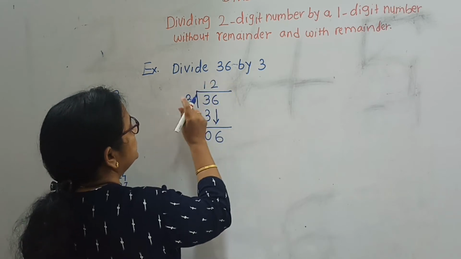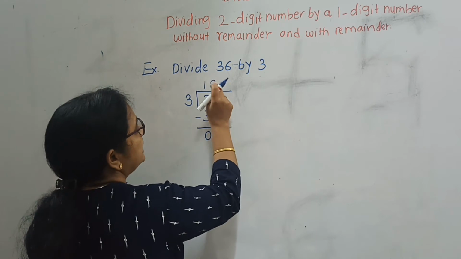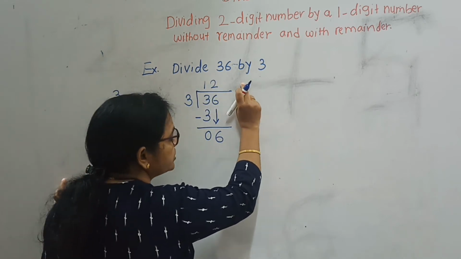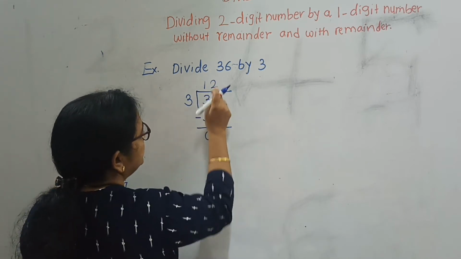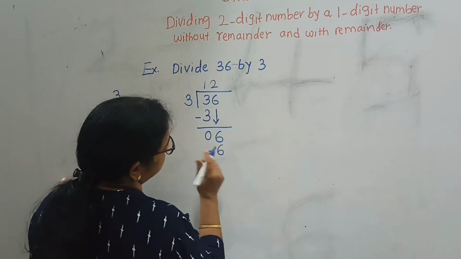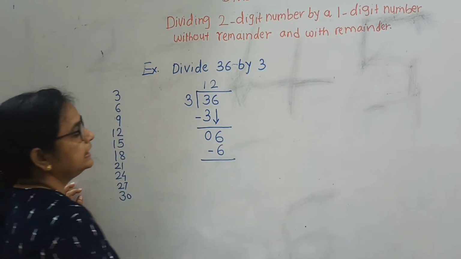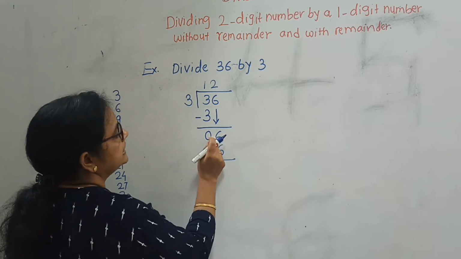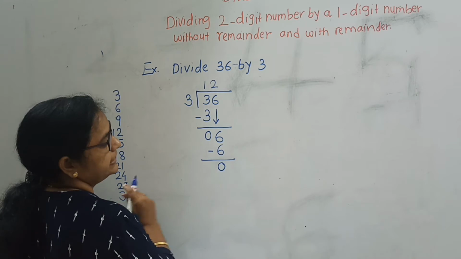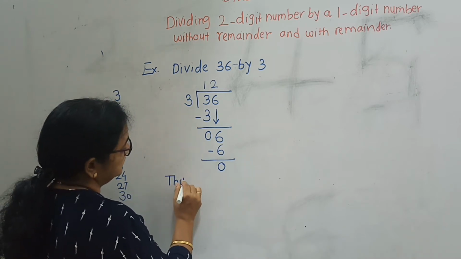Now you know children, 3 2s are 6, so we write this 2 in the quotient and 6 here down, 6 के नीचे. Understand? Now do subtraction here. 6 minus 6 is equal to 0.